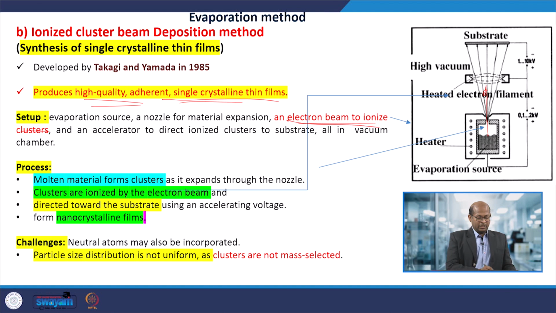This is the procedure, and this is the challenge. In this process, the molten material first forms clusters that expand through the nozzle. Through the nozzle they come out, and the clusters form from the molten material, and then they are ionized by the electron beams and directed to the substrate using an accelerating voltage.